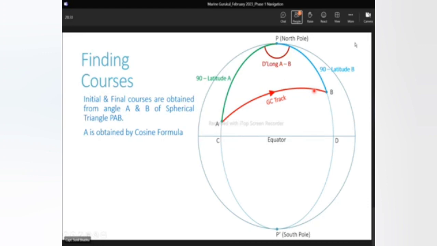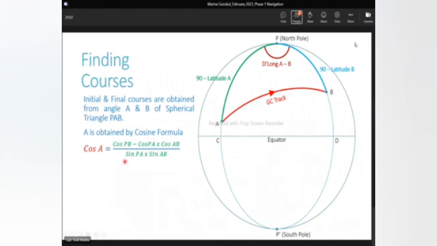Let's apply the cosine formula to angle A. Cos of angle A is equal to cos of PB, you see PB is the opposite side to angle A, minus cos of PA, PA is the adjacent side to angle A, into cos of AB, AB is the adjacent side again to angle A, whole divided by sine of PA into sine of AB.